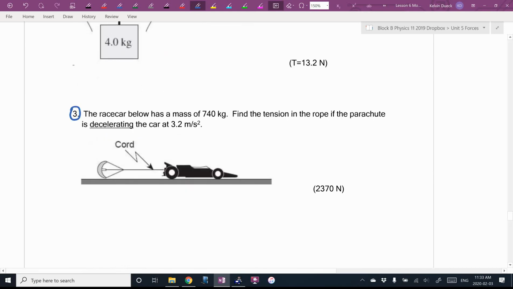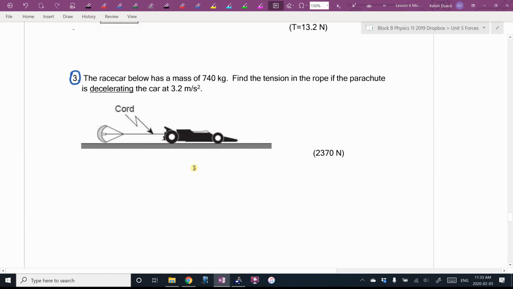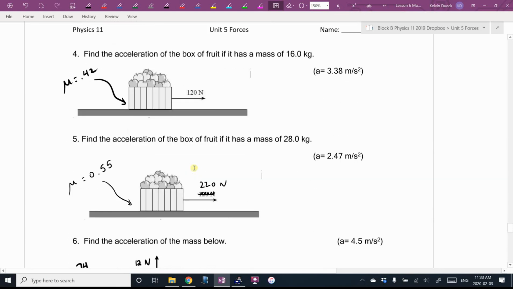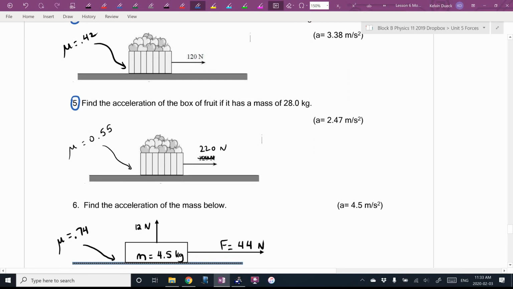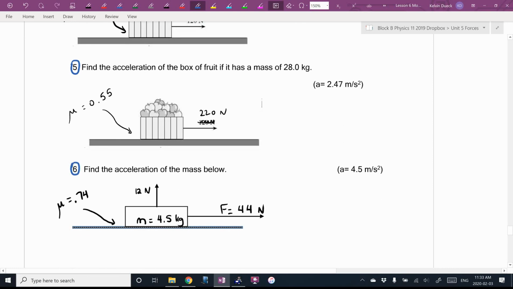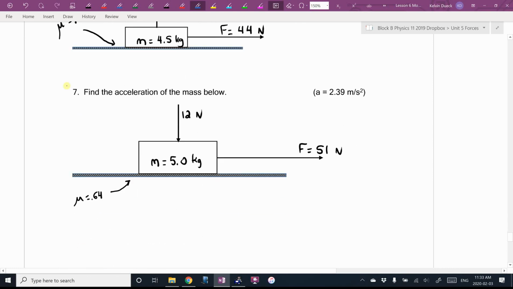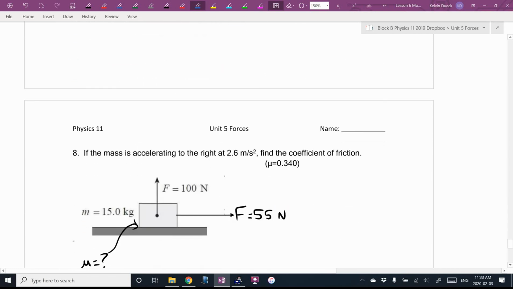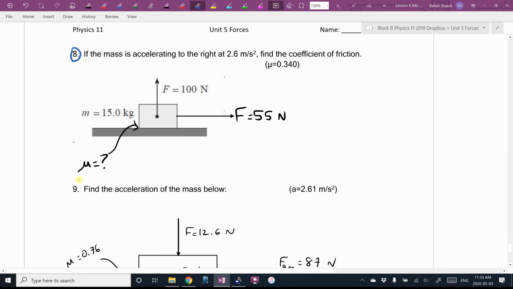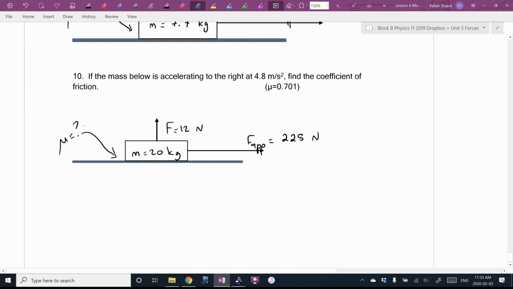Number 3, your hint is draw a free body diagram on the drag race car. 4 is good, 5 is good, 6 is good, 7 is good. Are you going to sign them all again? Probably. 8 is good, 9 is good, and 10 is good.